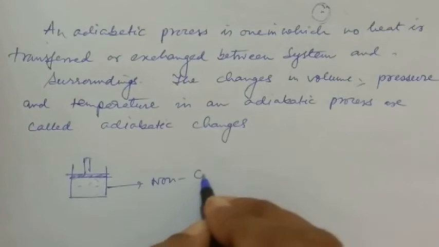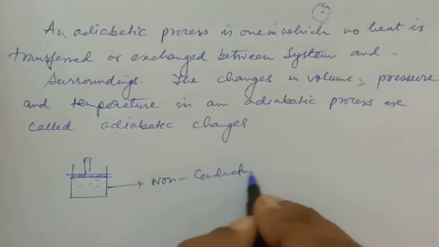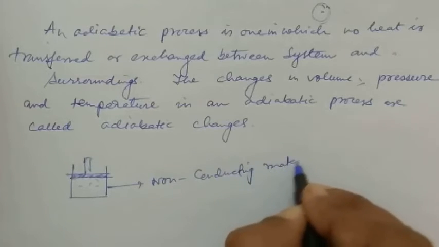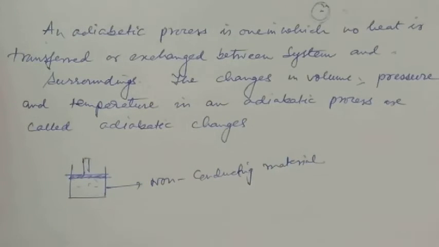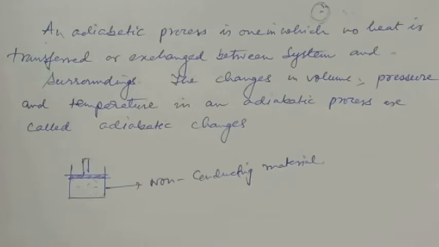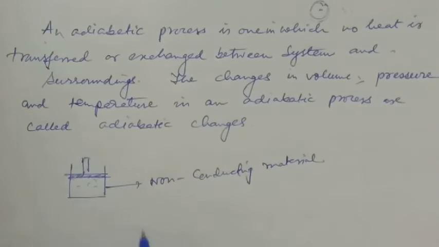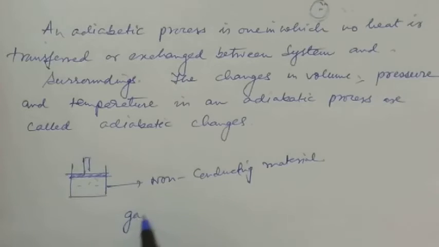Now we are going to take non-conducting material. The piston can move without friction along the inner walls of the cylinder, as in the previous case also. When the gas expands rapidly, work is done by the gas.